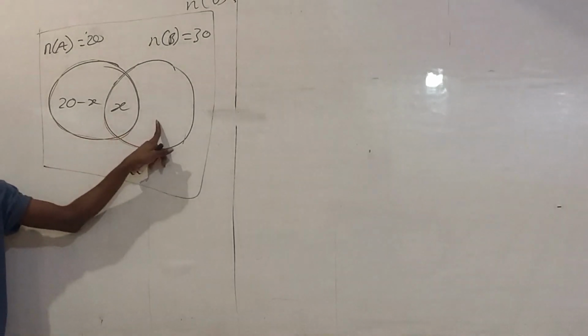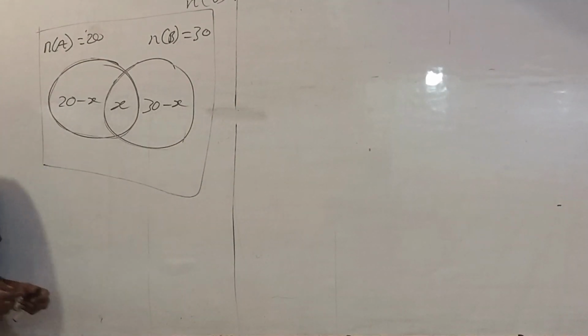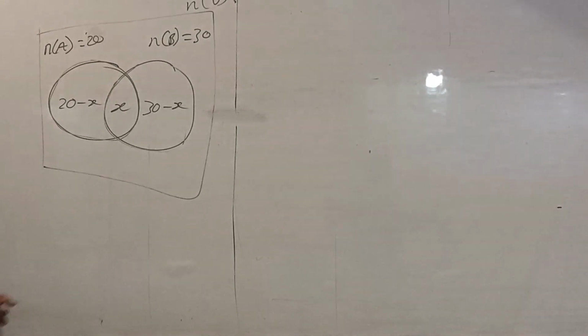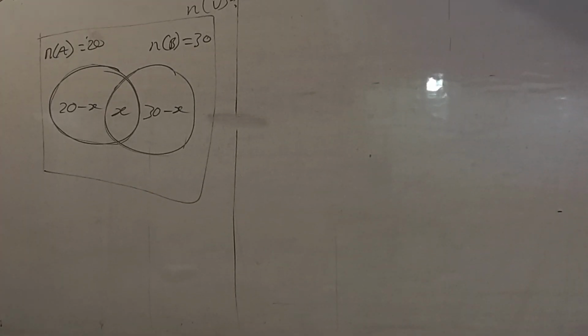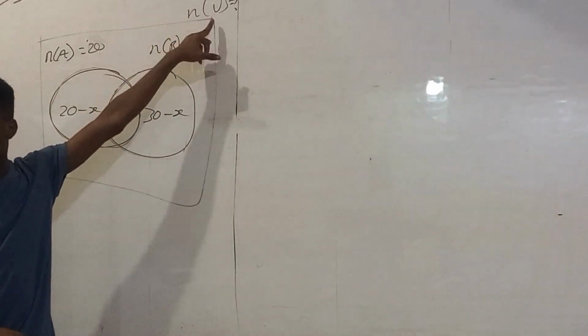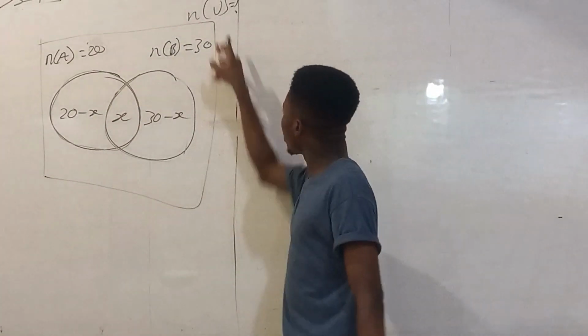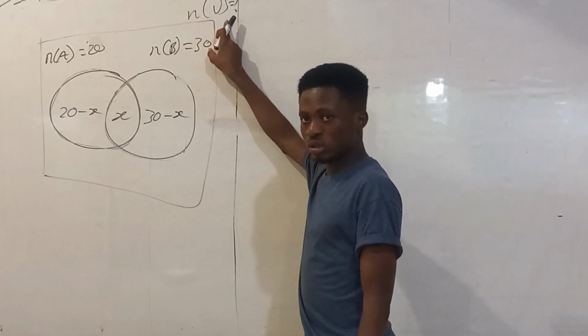So for only biology, it will be what? 30 minus x. That's it. That's for only. So when you are told to find the universal, anything in here plus anything outside will give you the universal. Are you getting what I'm trying to say?